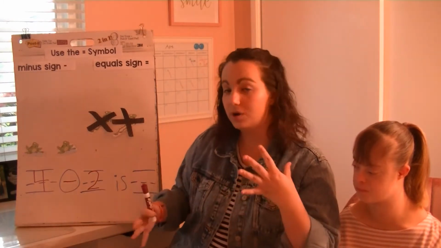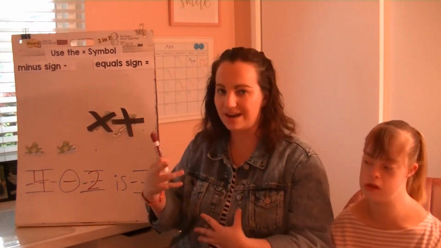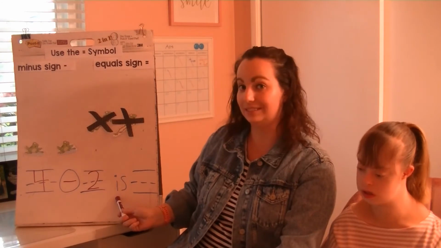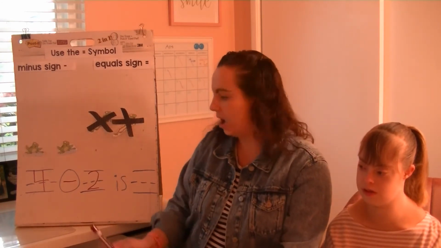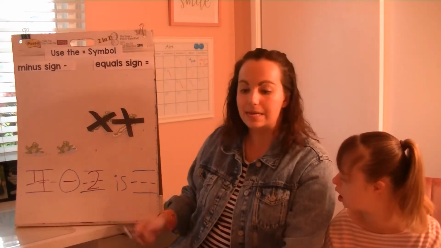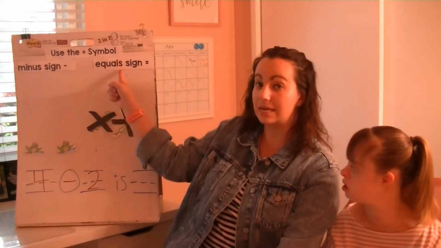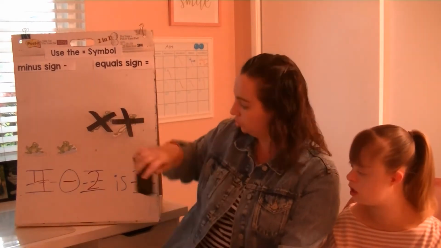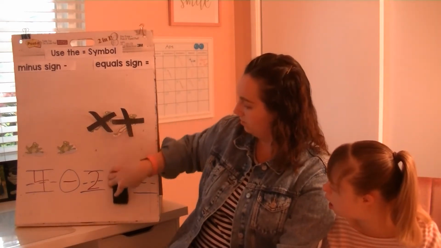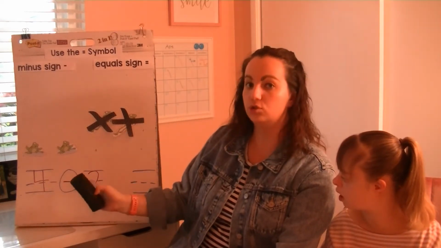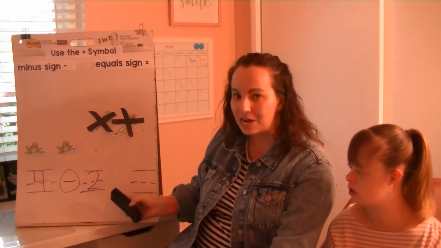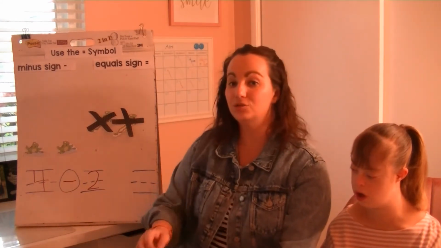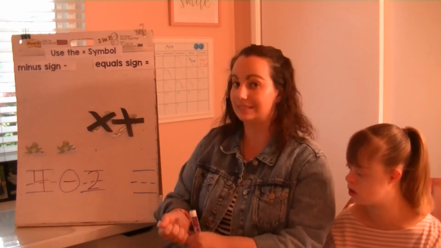We've been used to our learning packets and subtraction problems just saying is. But guess what? That's what we're learning today. Instead of it just being written is, we actually use the equal sign to show what 4 minus 2 is. 4 minus 2 equals. We start to use that math term instead.